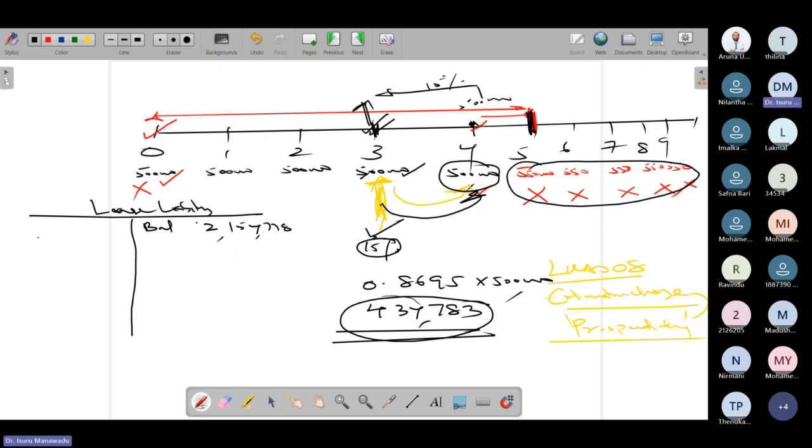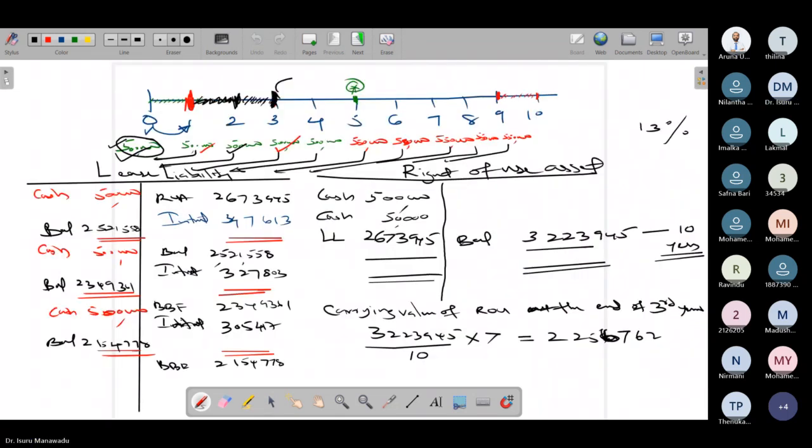And you have the right of use asset as well. You have calculated the carrying value at the end of the third year after doing our depreciation and all. Okay. Right.